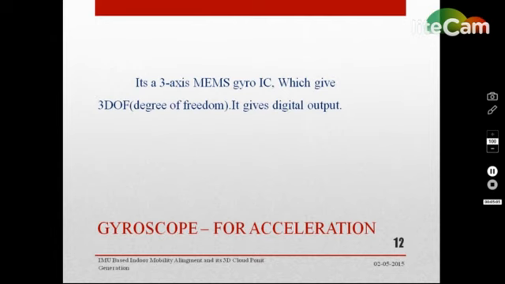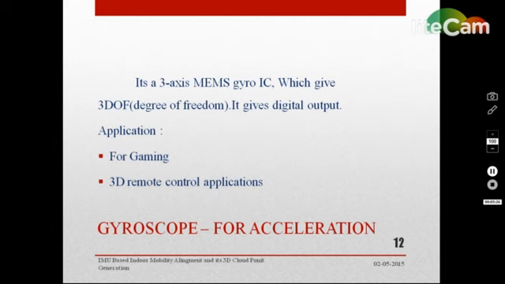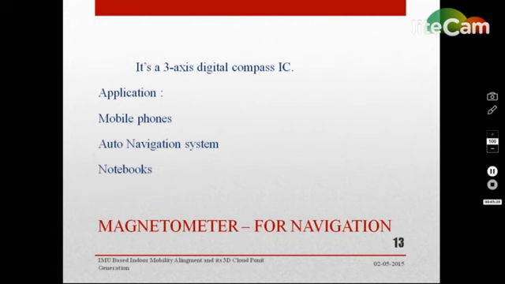When the gyroscopic IC is rotated about any of the sensor's axes, the Coriolis effect causes a deflection that is detected by the capacitive pickoff. The resulting signal is amplified, demodulated and filtered to produce a voltage that is proportional to the angular rate. The applications for gyroscopes are gaming and 3D remote control applications, and the magnetometer is for navigation purposes. It is also a 3-axis digital IC compass.